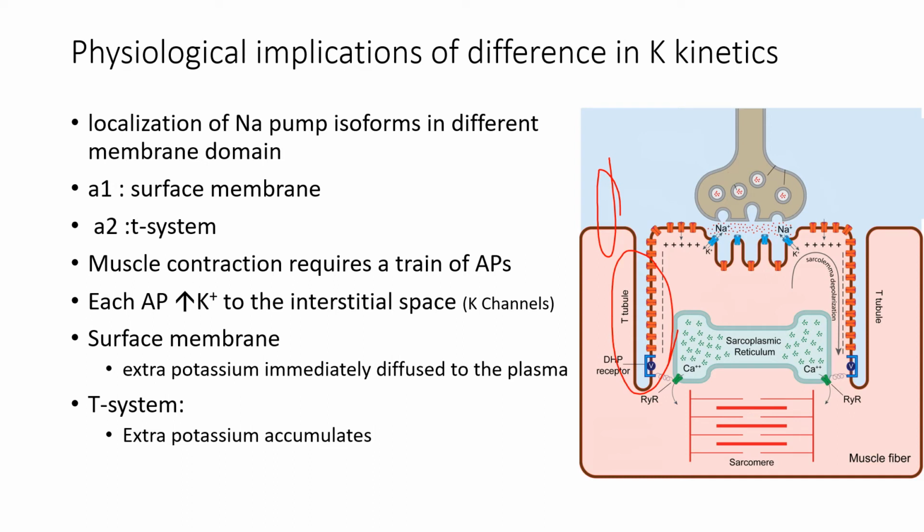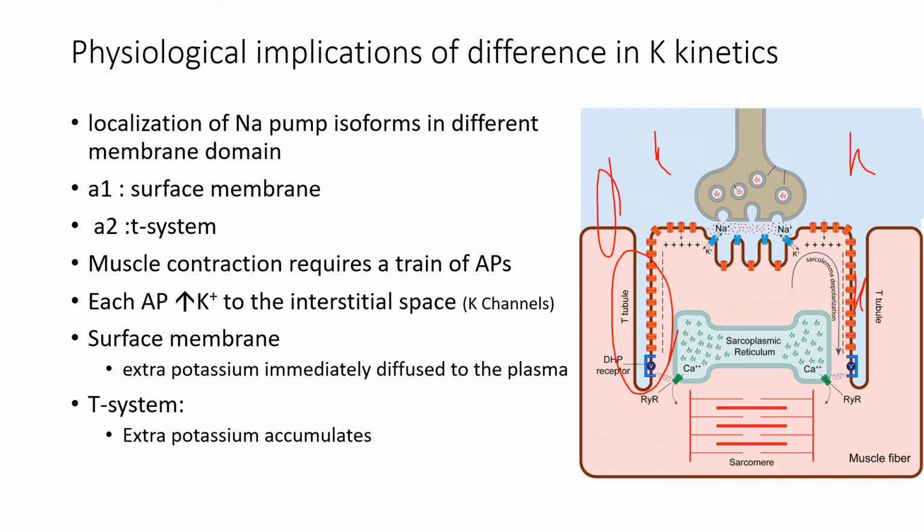The important thing is that muscle contraction requires a continuous train of action potentials, and each action potential introduces a large amount of potassium into the interstitial space, here and also here.